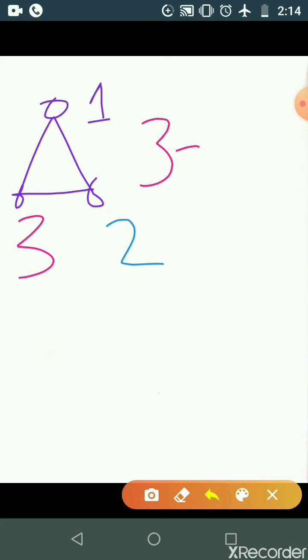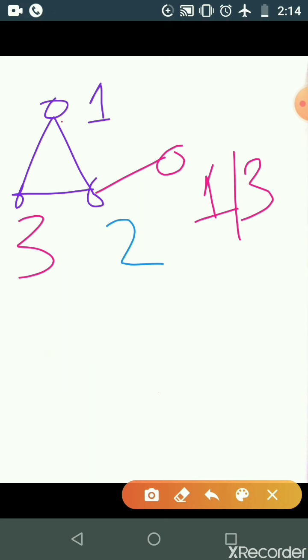Now if you are using the same graph and you are having this one, then you can use 1 and also you can use 3, because this is not adjacent with 1 and this is not adjacent with 3. That's why you can use 1 as well as 3. Okay, so here I am using color number 1.